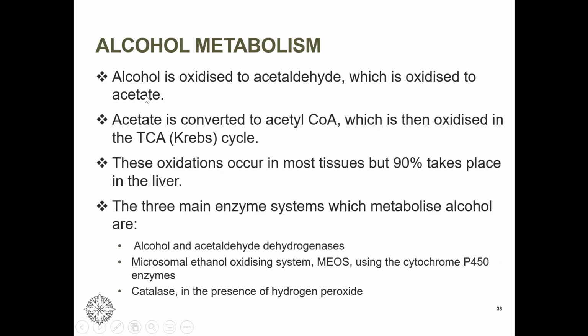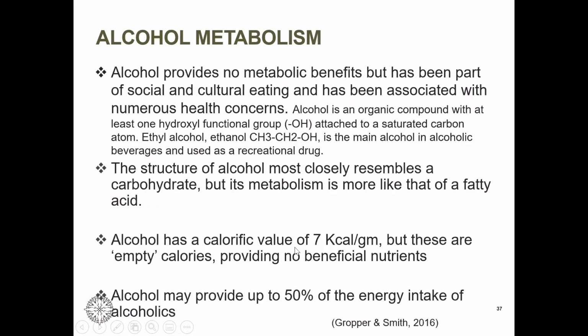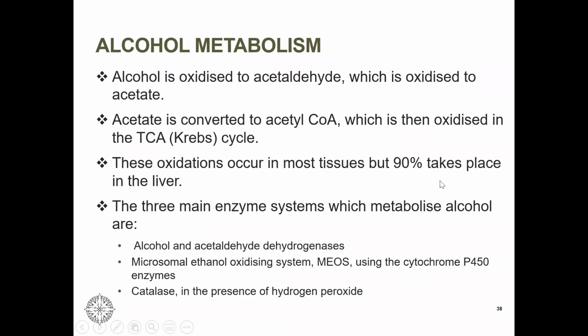First we convert it into acetaldehyde, and then the next step is that we convert it into acetate. Then acetate can be converted to acetyl-CoA, which can participate in the TCA cycle. That's why it is said that it can give some kilocalories.